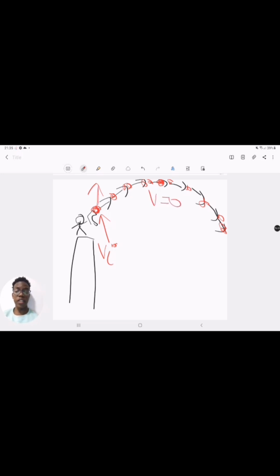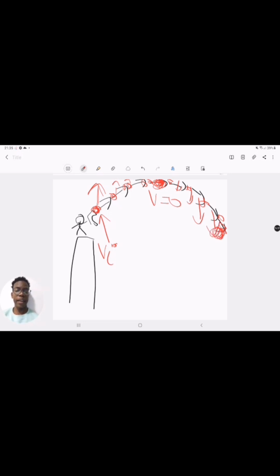Here you can see that it's moving upwards. Even though it's slowing down, it's still moving upwards until it reaches its highest point. Then it starts moving downwards. As it's moving downwards, it's increasing its velocity in the vertical direction.